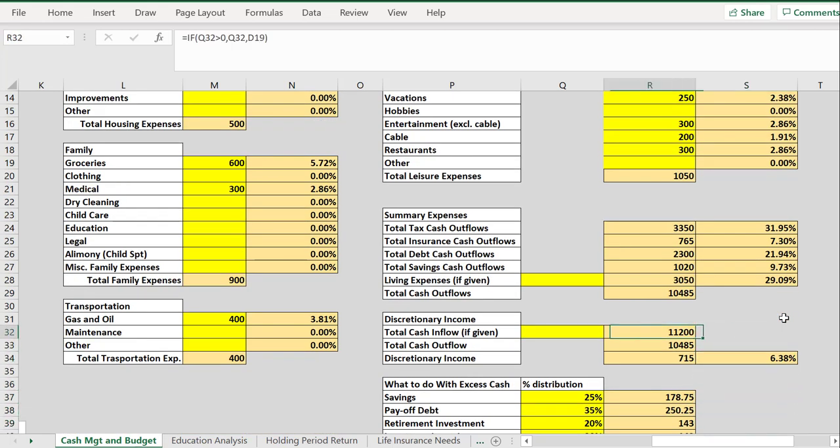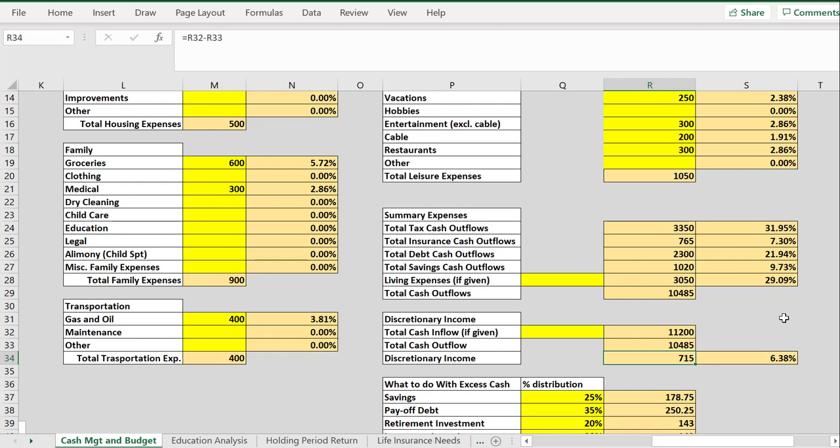Well, we had $11,200 come in the door, and we have accounted for $10,485. So at the end of the month, if you think about this, if we started the month with $0 and this activity all happened during the month, we should have $715 left at the end of the month.